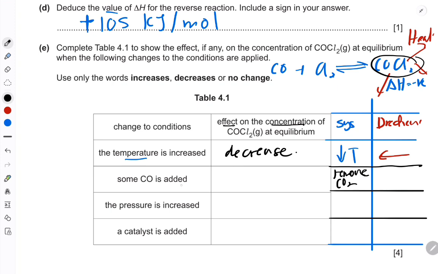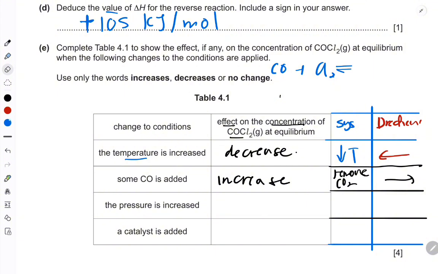So if I add CO2, how will the system respond? It will try to remove CO2. Now, how does it do that? It goes forward, right? It's trying to get rid of CO2, so it'll go forward. And if it goes forward, what's going to happen to COCl2? The concentration of COCl2 will increase, right?